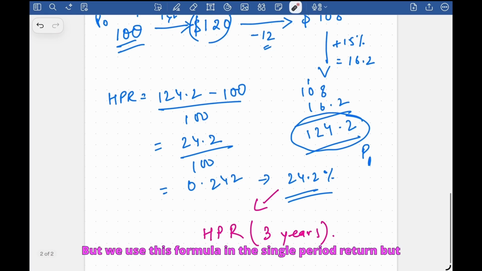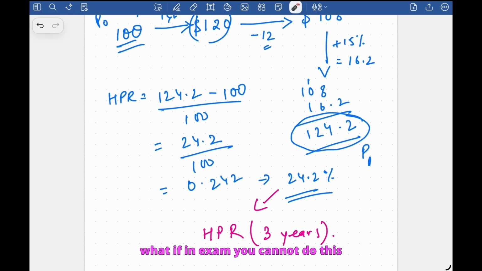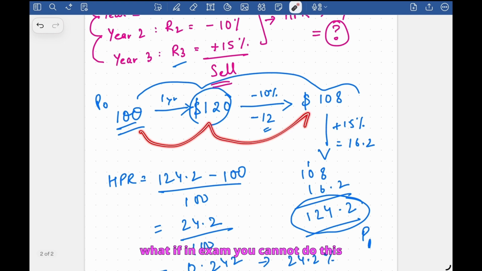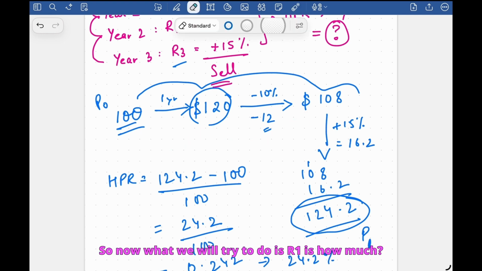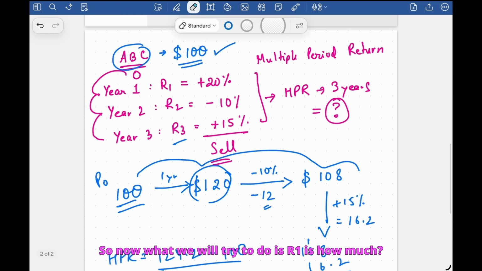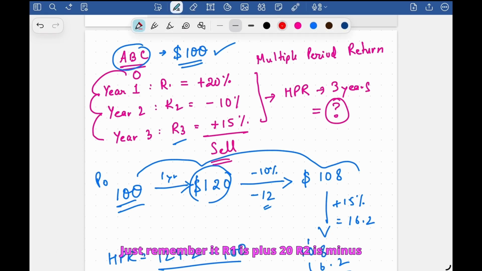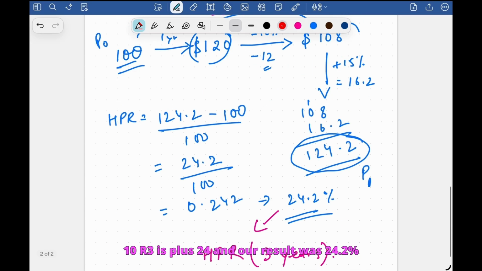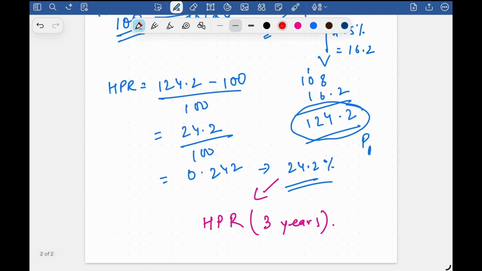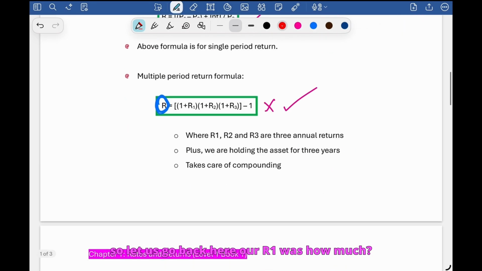But we use this formula in the single period return. But what if in the exam you cannot do this? So now what we'll try to do is, just remember it. R1 is plus 20, R2 is minus 10, R3 is plus 15, and our result was 24.2%, right? So let us go back here.